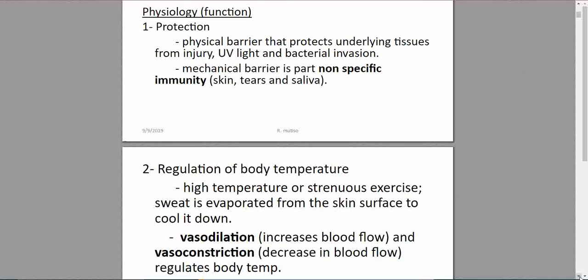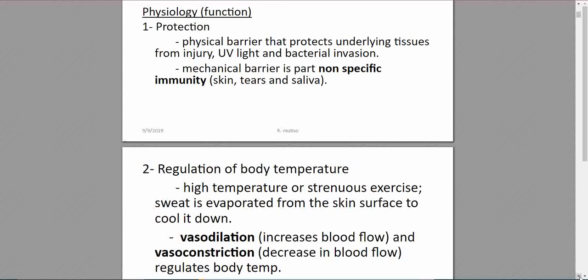Bacterial invasion can also come in if it wasn't for the skin. That is why at the thinnest place, the penis, you realize it's prone to infection.